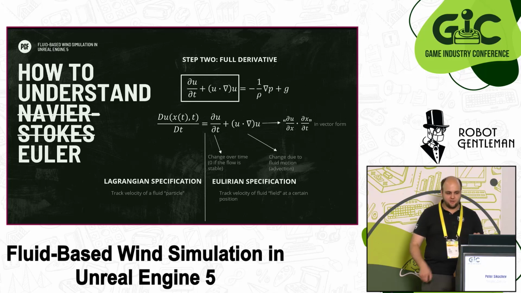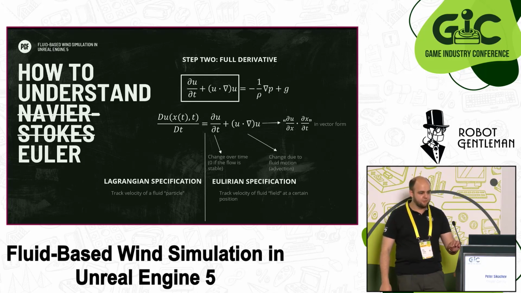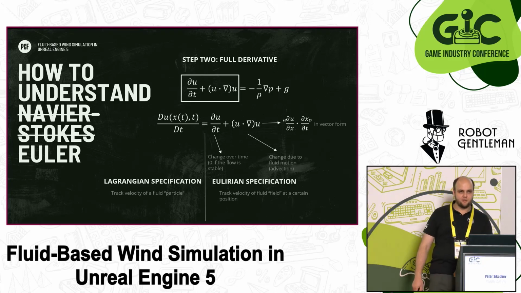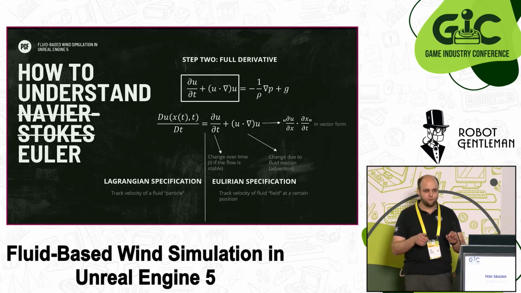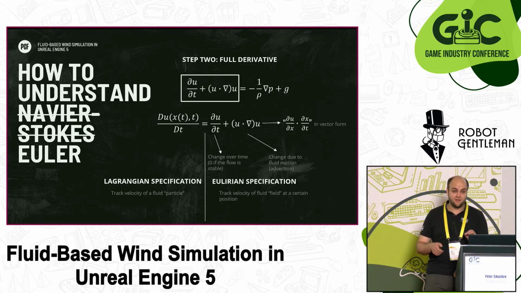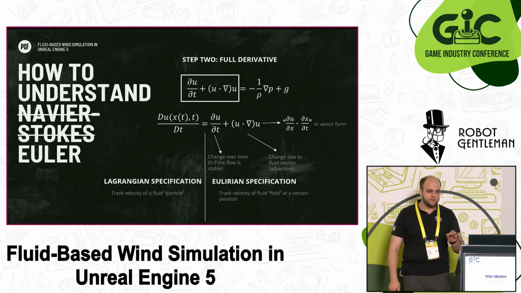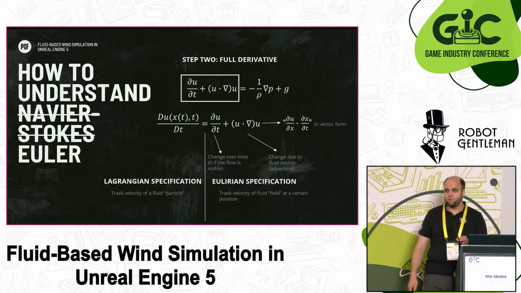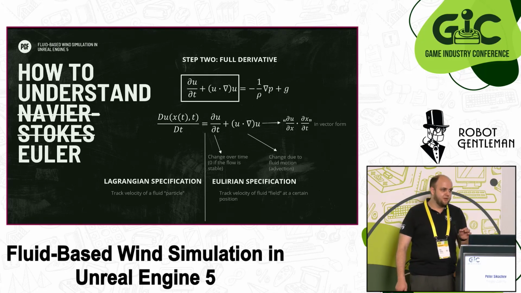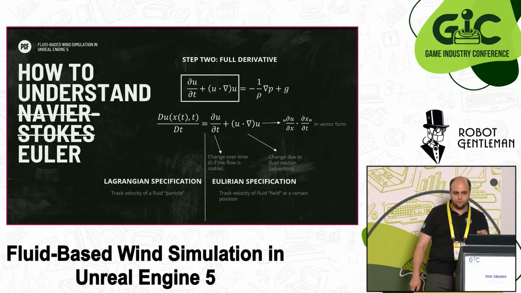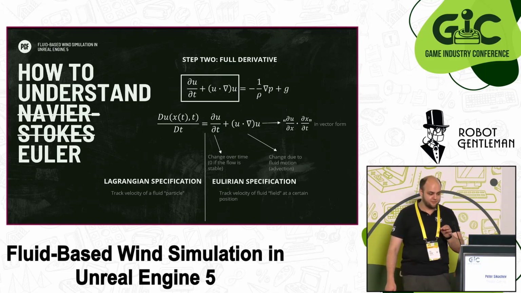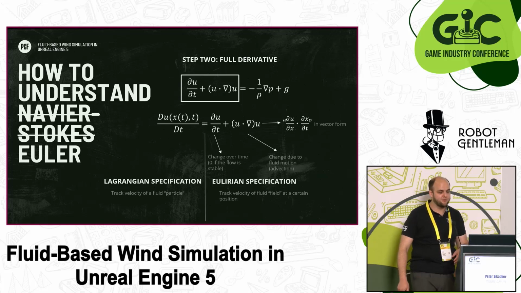And this is actually a great moment, if you study fluids. If you had in your university program this full derivative and never understood why that is and why you need it, this is a great point, because it feels like fluids were made for full derivatives and full derivatives were made for fluids.